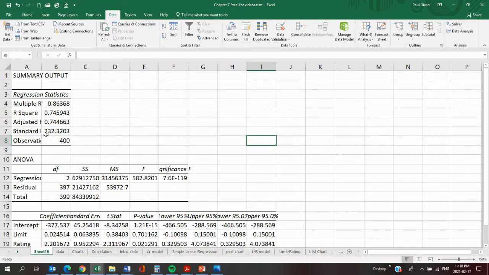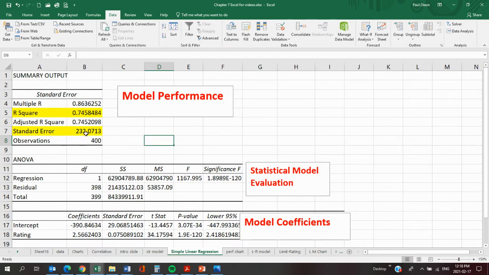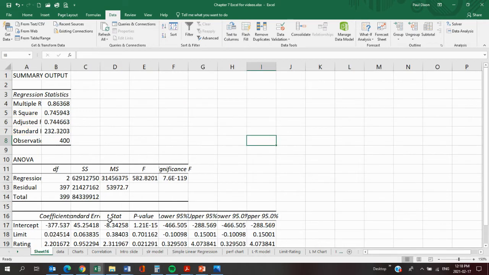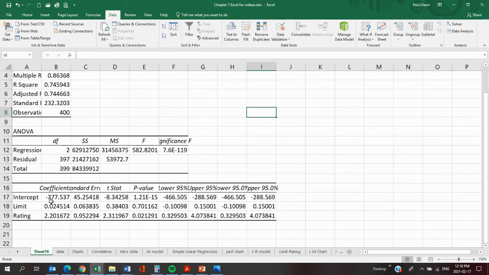My standard error is now 232, and before it was 232. It's not changed at all. My intercept was minus 390 plus 2.566 times rating. What do I get now? I get minus 377, a little bit different. 2.2. Okay, this one's changed for rating, and I've got a very tiny number for limit.